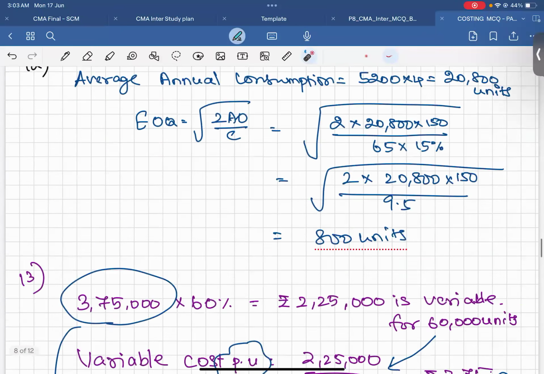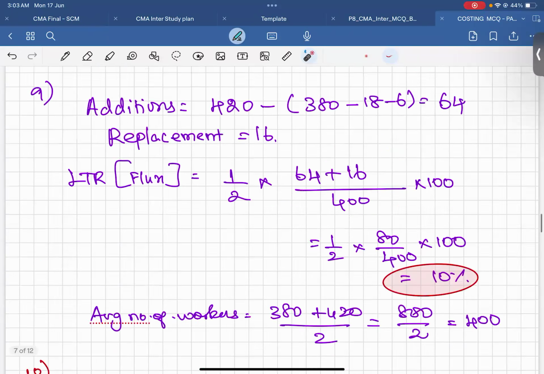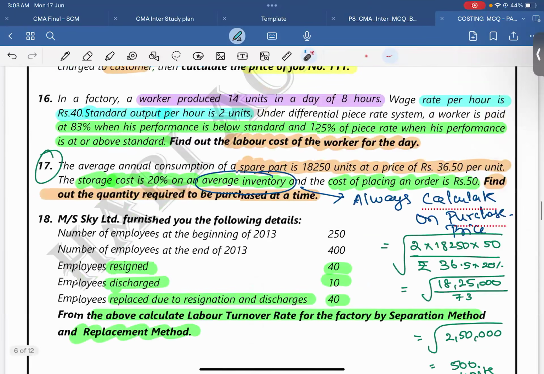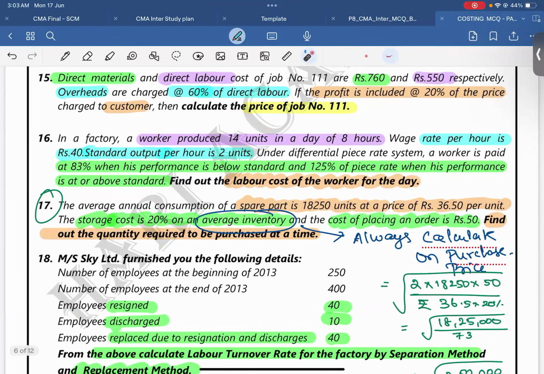Next, another 15 more to go. Quickly, we will cover question number 16. In a factory, a worker produced 14 units in a day of 8 hours. Wage rate per hour is rupees 40. Standard output is 2 units per hour.